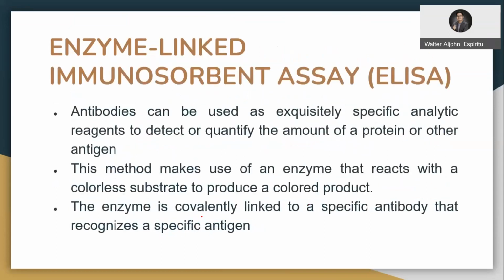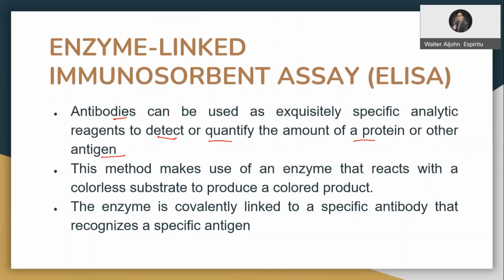So ELISA, for this experiment, uses antibodies that are exquisitely specific to a particular antigen. You can use this to detect or quantify the amount of protein or other antigen that is found in your sample.